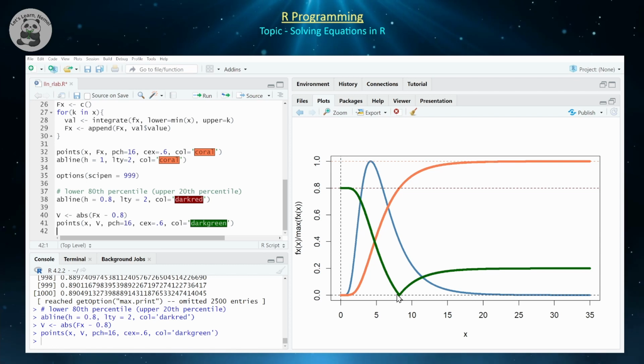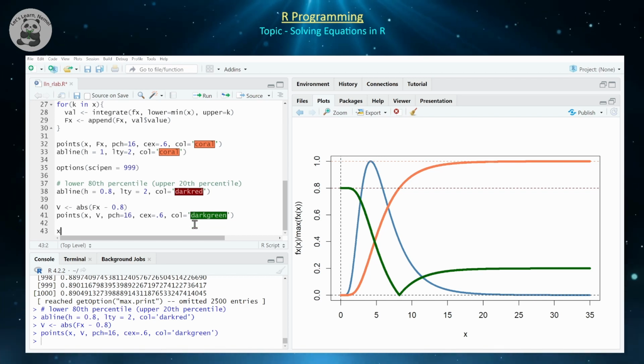So this minimum value of the green curve should be at approximately the same value as the intersection of dotted red and orange. So we're just going to find the minimum value of v, and that should be an approximation for the 80th percentile, right?